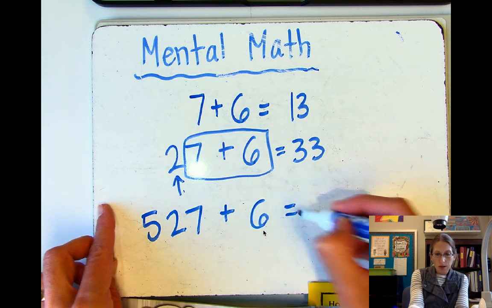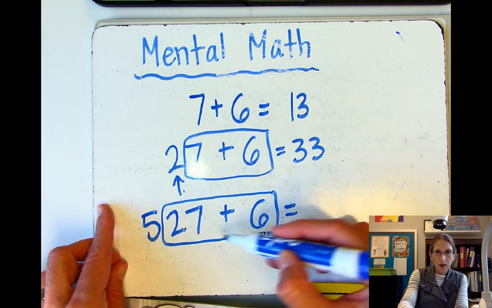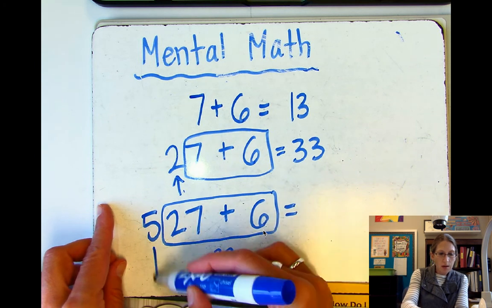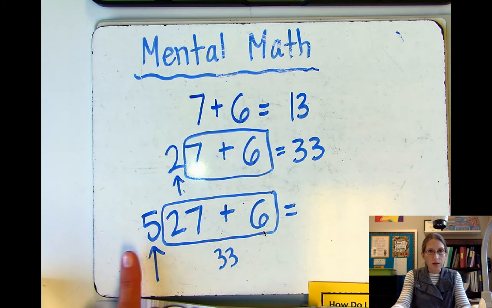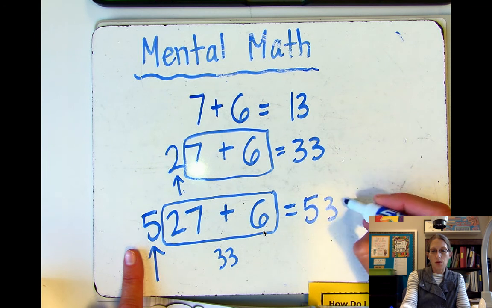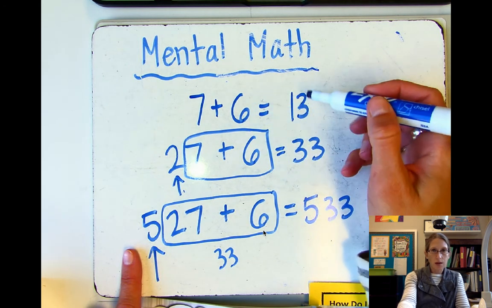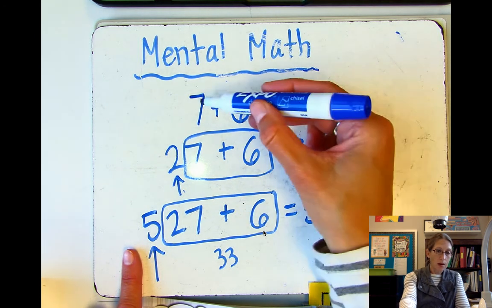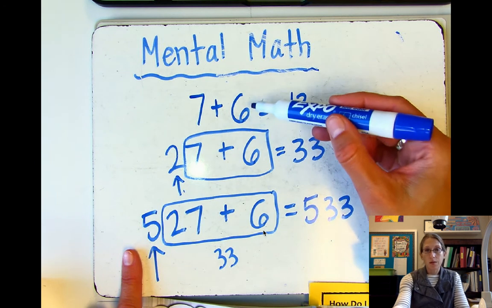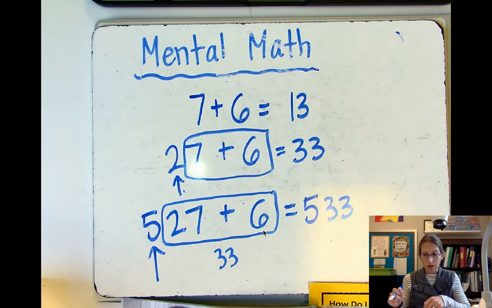But wait a second, we've already solved this. I already know this one is right here. This is 33. So then all I have to add is the 5 in front of it. 533. Okay, so sort of using that strategy of making a 10 and then also thinking about using some of the easier facts to help us with these harder ones and thinking about our place values to help.